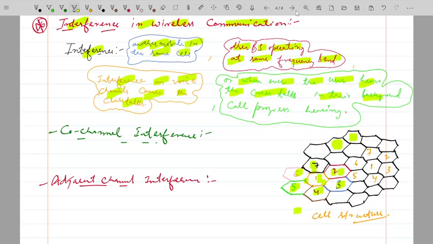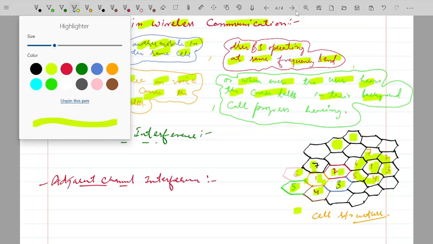Here is another example, another cluster of seven cells. In all these seven cells, the numbering has the same color, which means all seven cells are using the same frequency. If I change the color you will easily understand.